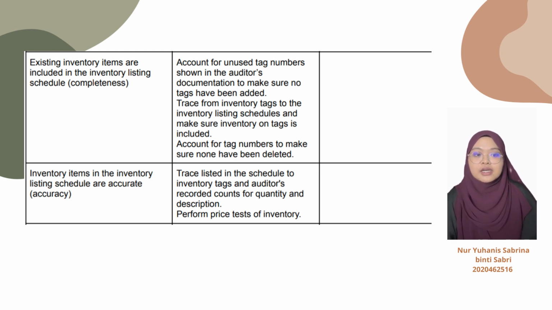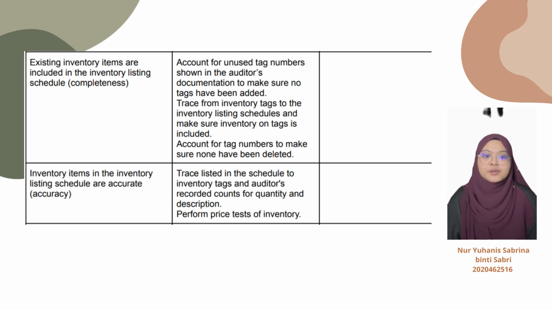Third, account for tag numbers to make sure none have been deleted. The fourth balance-related audit objective is that inventory items in the inventory listing schedule are accurate, which is accuracy. The procedures are, first, trace items listed in the schedule to inventory tags and auditors' recorded counts for quantity and description. Second, perform price tests of inventory.